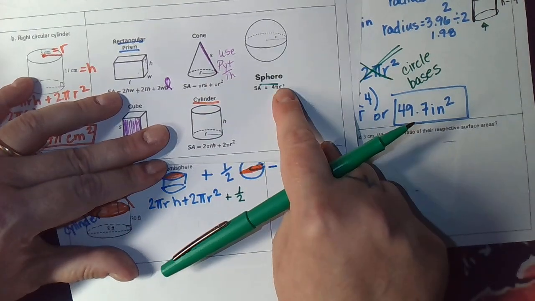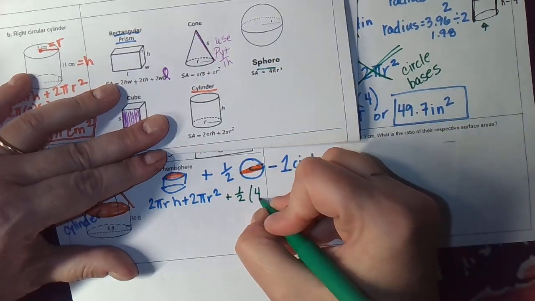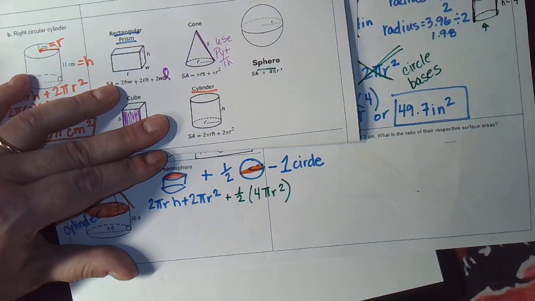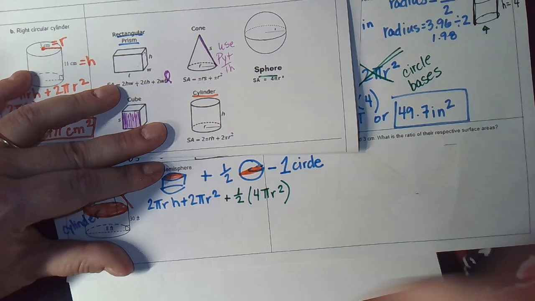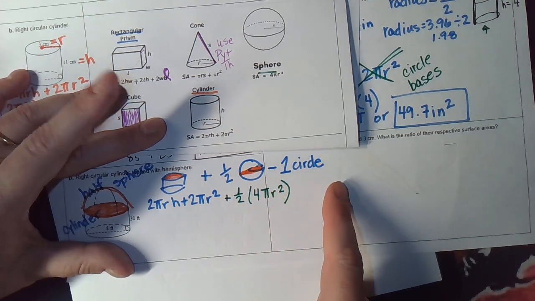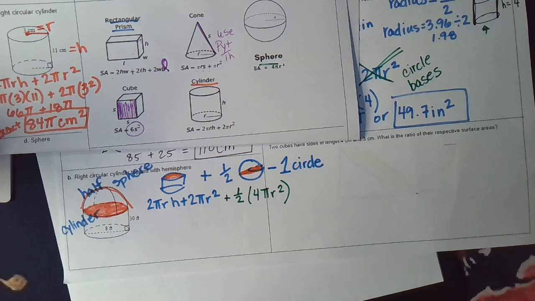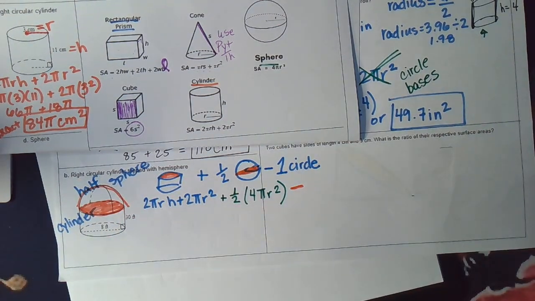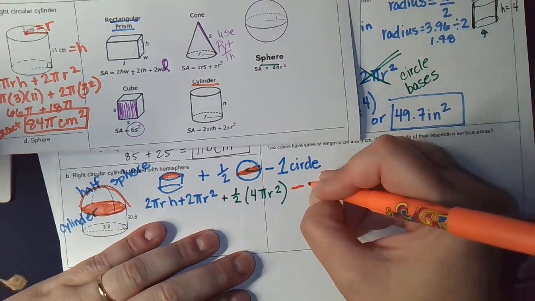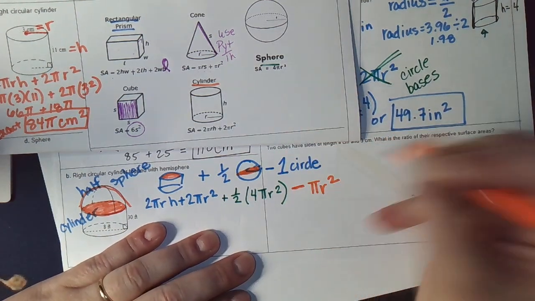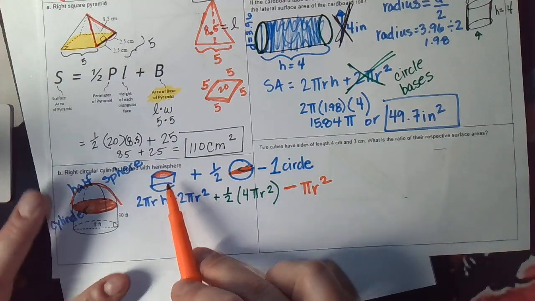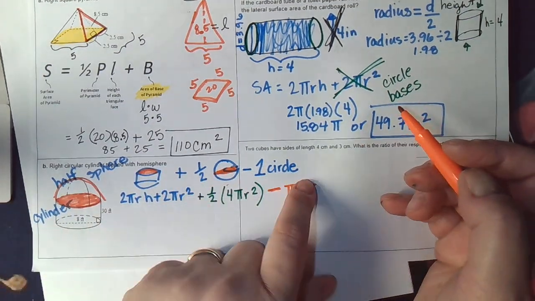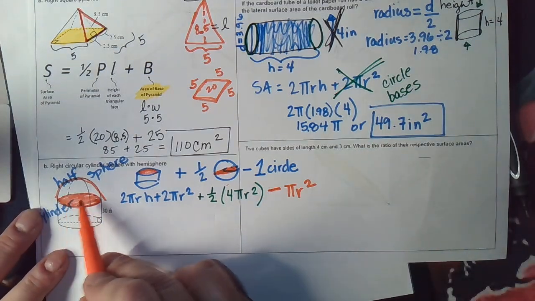A sphere is 4 pi r squared. Okay, then we're going to subtract off one circle. So that means minus, what's the area of one circle? Just pi r squared. Okay, so we have the cylinder plus half of a sphere minus that circular base.